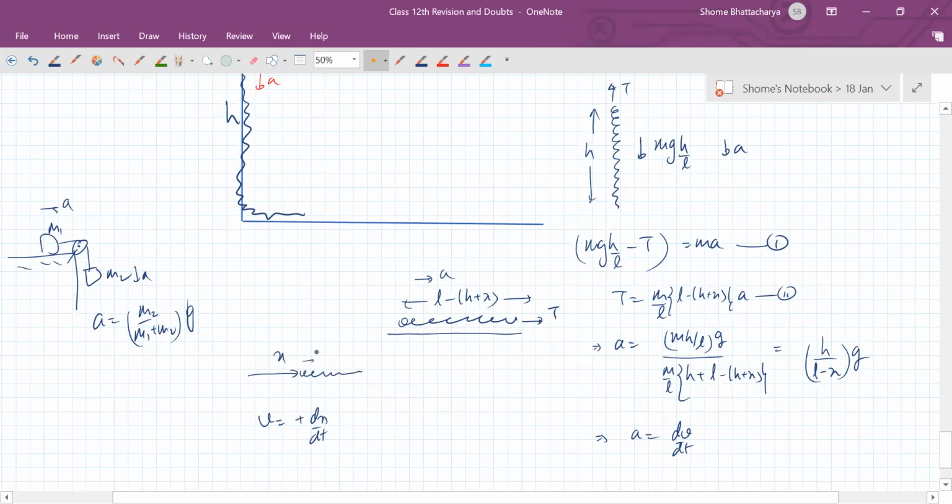So a we can also write as v dv by dx. So your v dv by dx is equal to h upon L minus x into g.